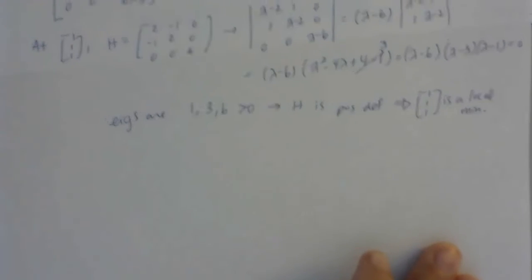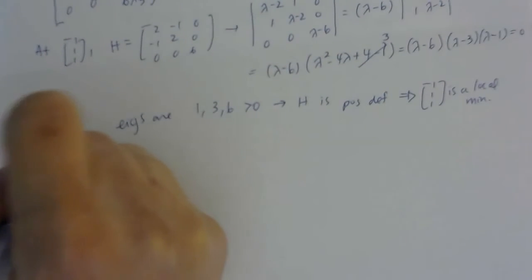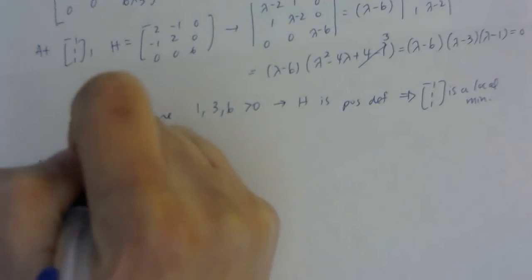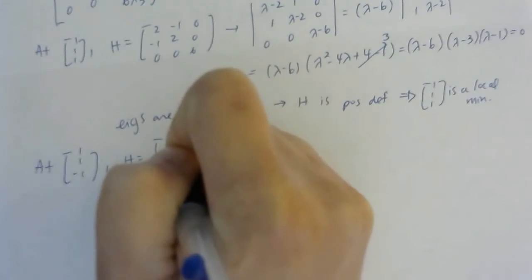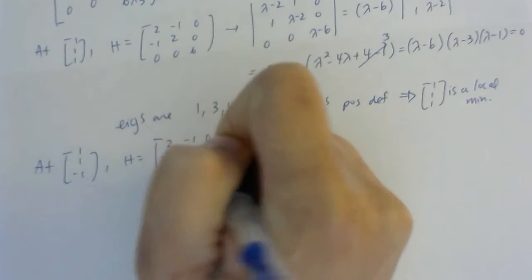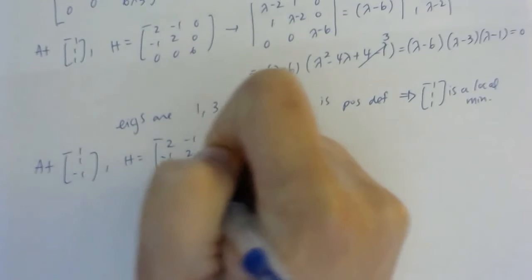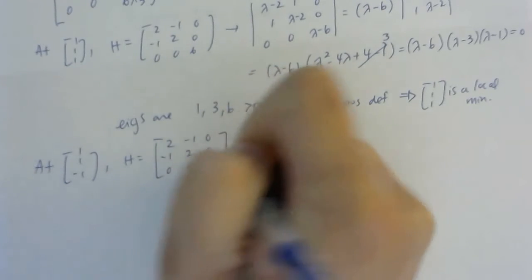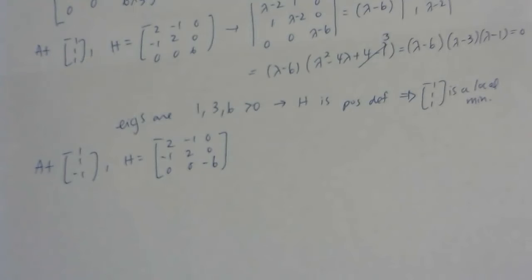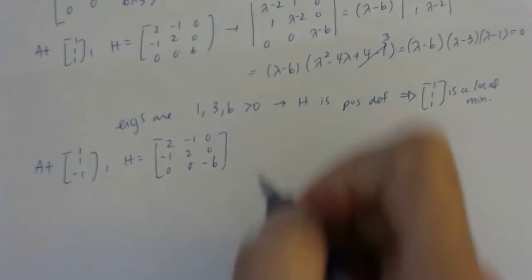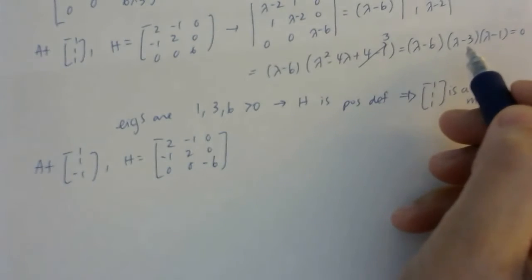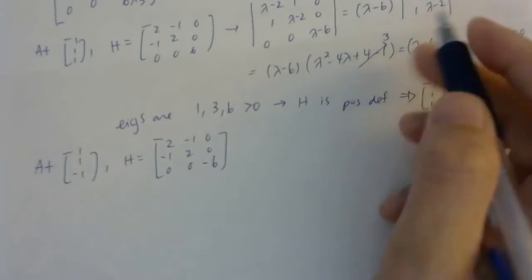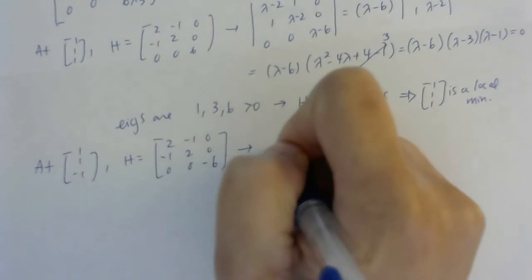Oops, over here. So now at (1, 1, -1), the Hessian is [2, -1, 0; -1, 2, 0; 0, 0, -6] because of the minus 1 for x3. And so the determinant really looks the same, except I get an x plus 6.